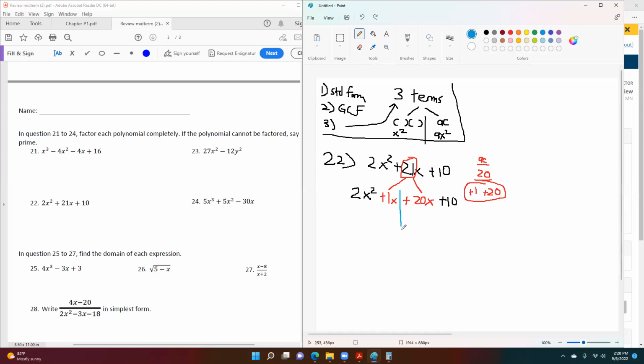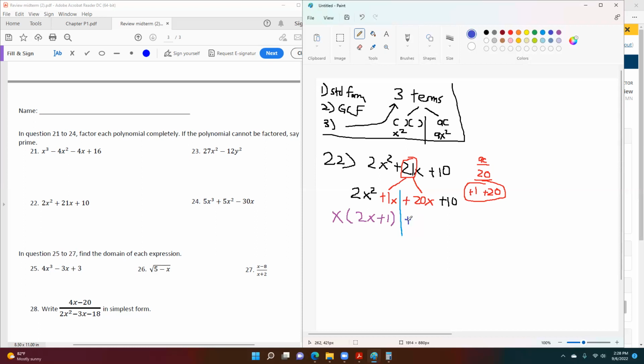And this is 4 terms, so we're going to do grouping here. What is common between the first 2 terms? You can factor out x here, and you will get 2x plus 1. And if you want, you can check your answer by distributing. You will get back the same thing. What is common for the second 2 terms? Don't forget, this plus sign is important, so the plus sign has to be there.